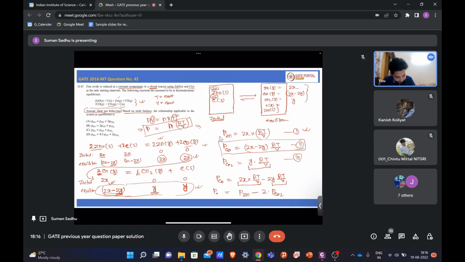So PCO is equal to PZn minus 2PCO2. Now we can write that PZn is equal to PCO plus 2PCO2, right? So this is the final answer. So option A is the final answer.